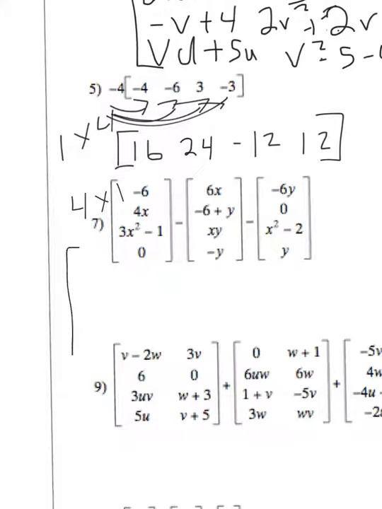It's going to look like 4 down and 1 across. Okay, so I need to take negative 6, subtract 6x, subtract negative 6y. So the top spot, none of those are like terms, so the top spot is just going to be negative 6 minus 6x minus minus, so plus 6y.